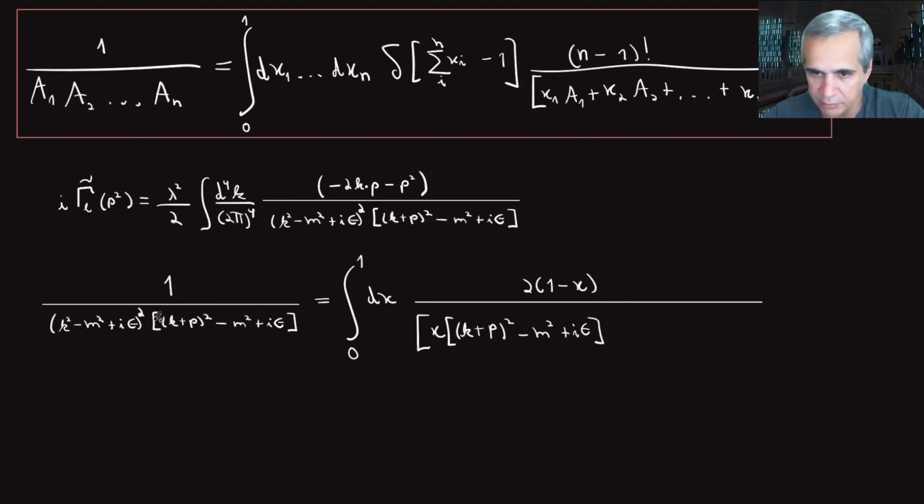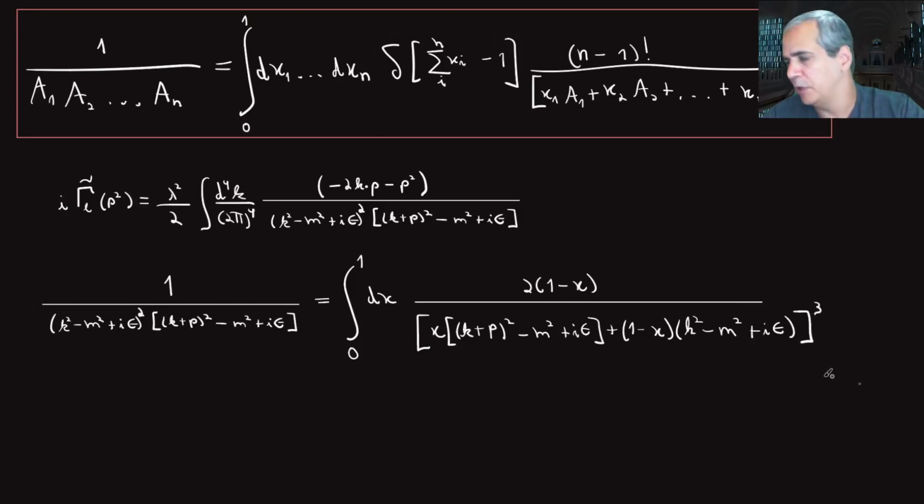This guy right here. And then 1 minus x, which is y, right? The second Feynman parameter, but I'm keeping just one of them here. k square minus m square plus i epsilon. And this is all to the cube, right?